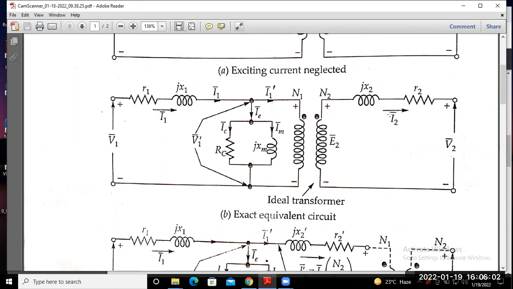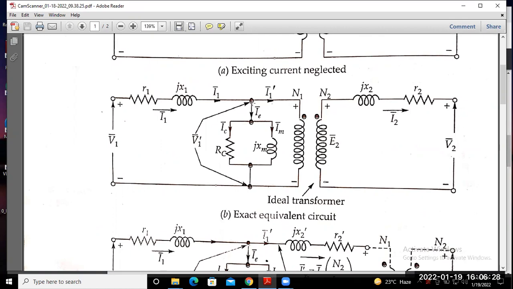If the exciting current is neglected, this one is your secondary side component current referred to the primary side, whatever current is drawn by the load, and that is represented by I1 dash. And this is your exciting current or no load current, represented by I0.